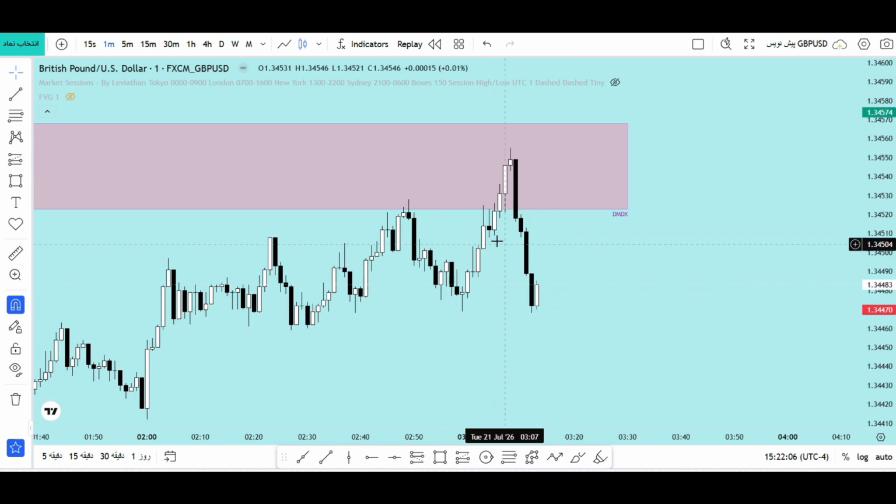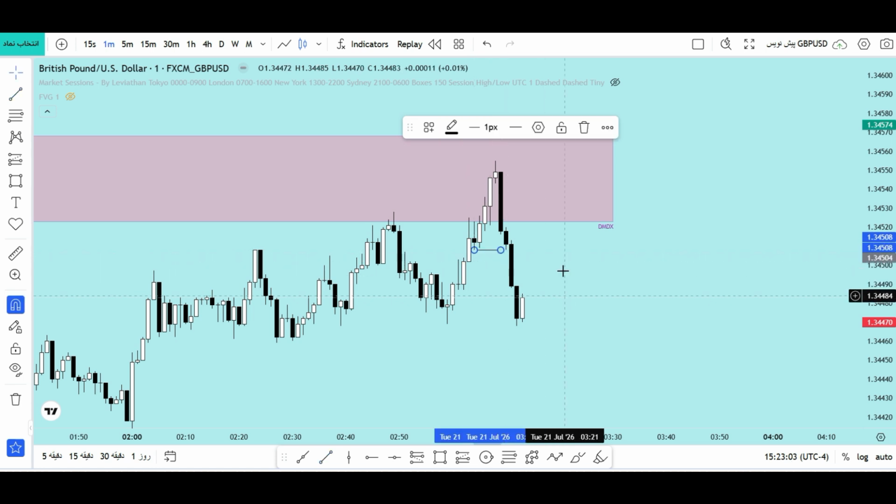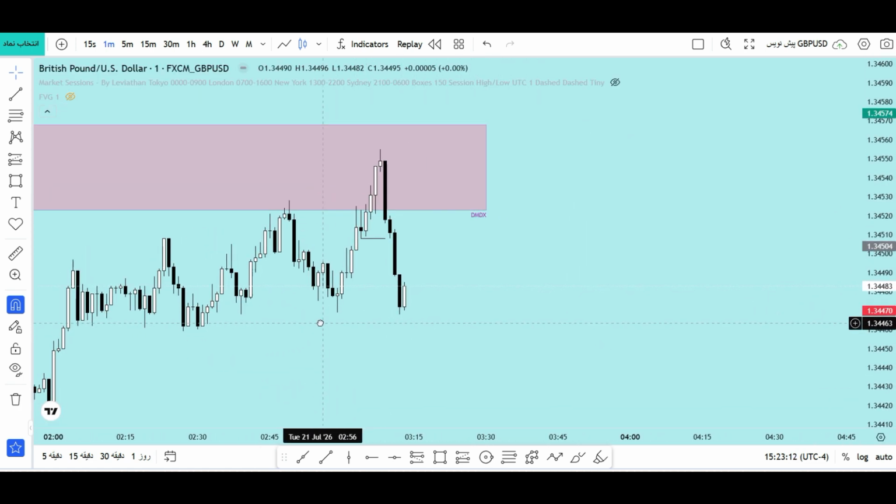Now we have a change of character. This is our change of character. Now we are waiting for any of 5 setups. Then we will enter the position.